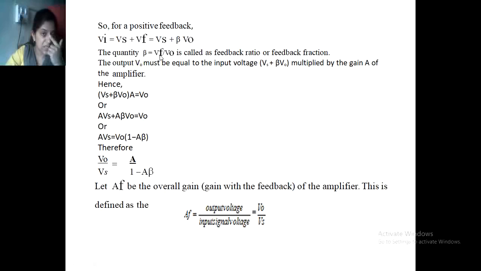Beta is nothing but Vf by V0, and it is called the feedback ratio or feedback fraction. The output V0 must be equal to the input. Rearranging this, we get AF equal to output voltage divided by input signal voltage, V0 divided by Vs.